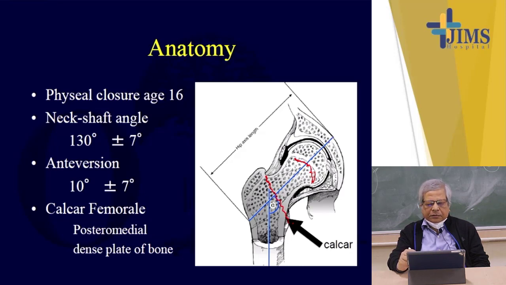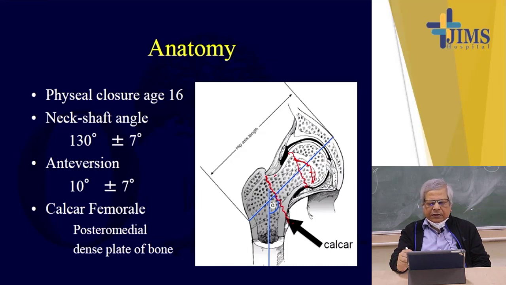Posteriorly also, slightly proximally. This is the head, and this is the body, and this is the neck. Any fracture occurring in this area is a fracture neck of femur. This is an intracapsular fracture.